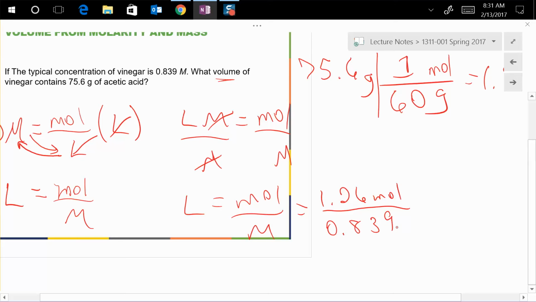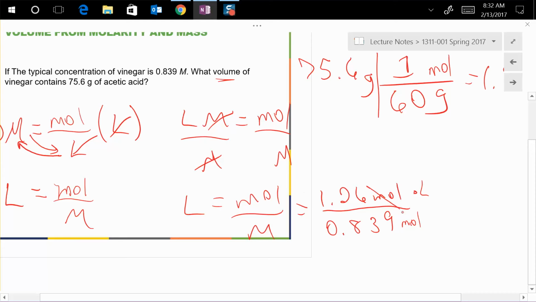0.839. Now with molarity, if you want to cancel your units, molarity's units are moles per liter, right? So whenever you have something divided by something, then divided by again, this thing on the bottom here would actually go to the top. Okay? So it would be times liters on the top.